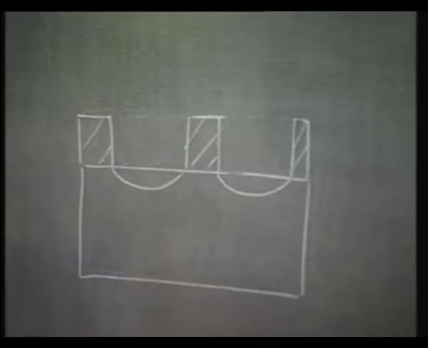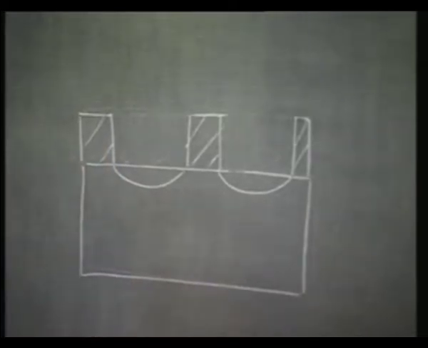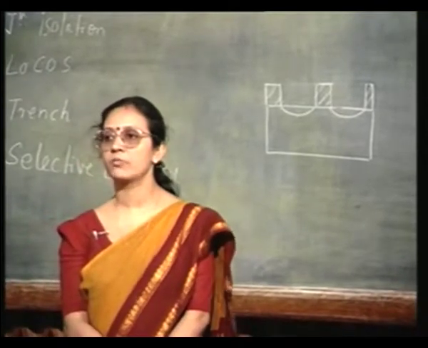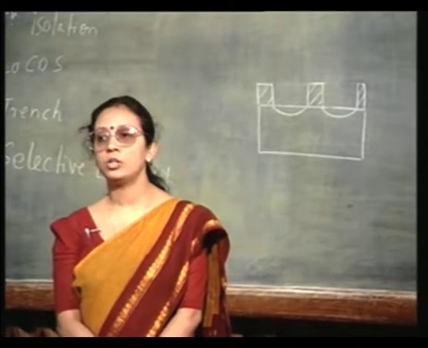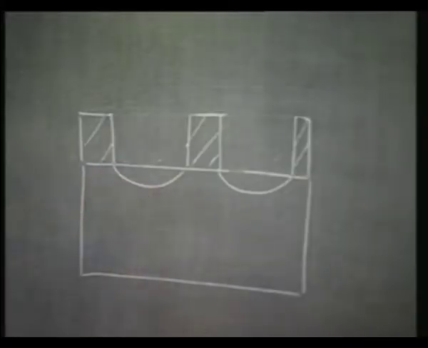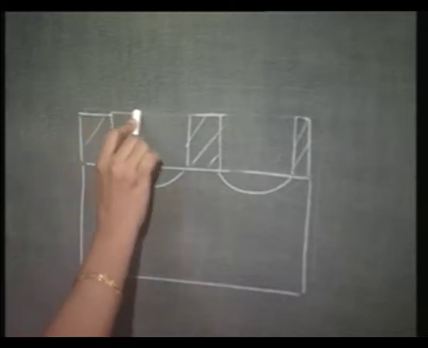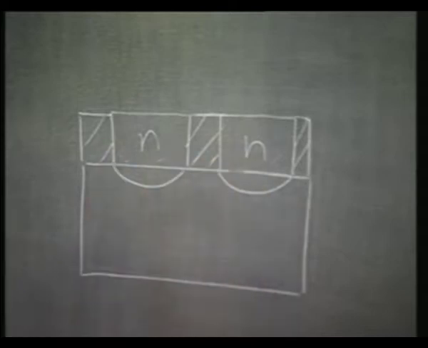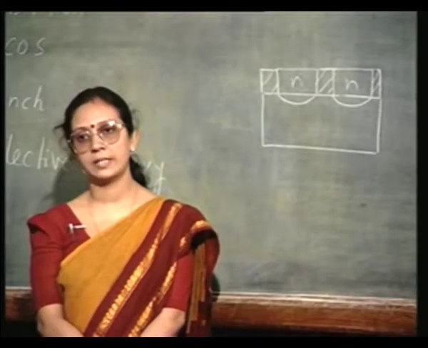Right, and then we do a selective epitaxy. You know, epitaxy actually means arranged upon. So, an epitaxial layer will be formed only on top of the regions where it can come in contact with silicon. So, it will grow here and here. So, effectively I will have n epi islands sitting aligned with the n plus buried layer.